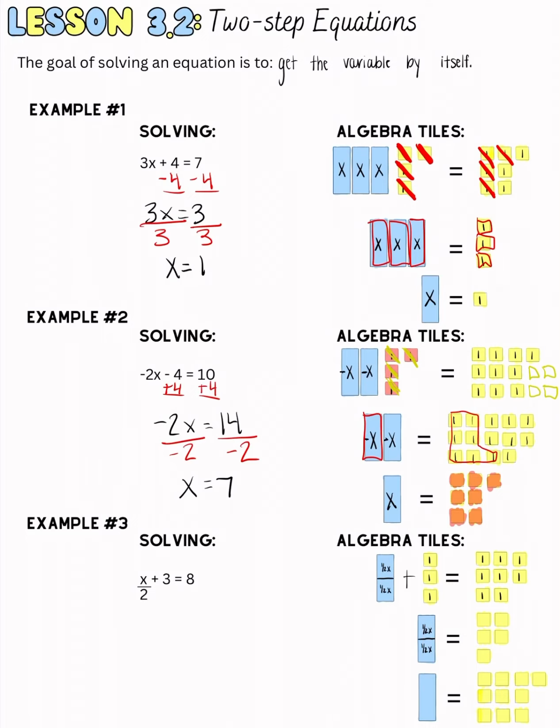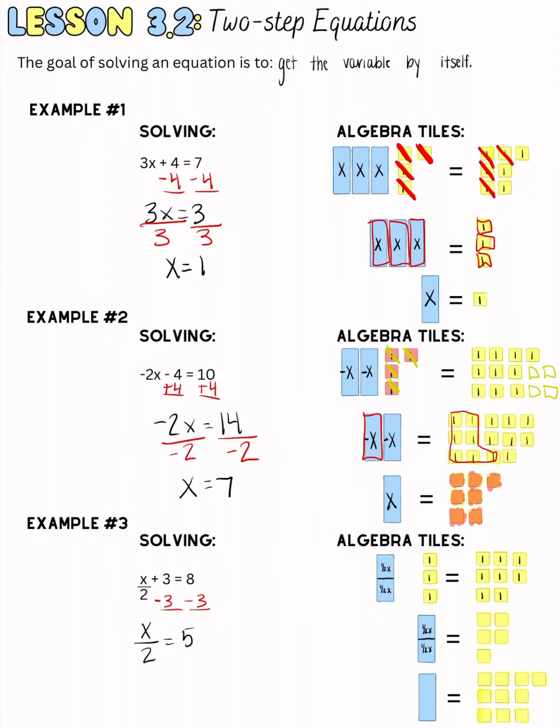plus 3 equals 8. So if I'm adding 3, the opposite is going to be subtracting 3 on both sides. So then I have x divided by 2 equals 5.